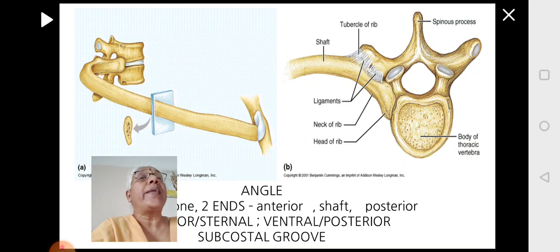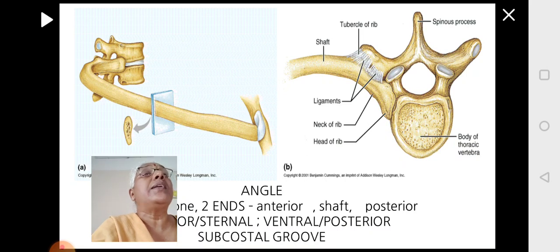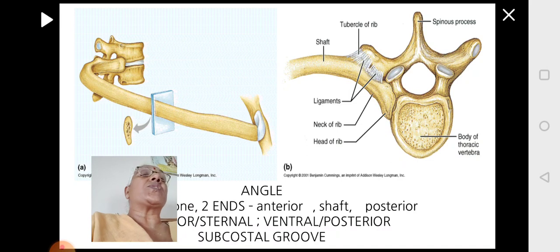The second point, near the tubercle, the rib has a facet which will articulate with the facet of the transverse process of the thoracic vertebra. So on the right side, you will see the rib is touching the body at one place and touching the transverse process at the other place and forming the joint.